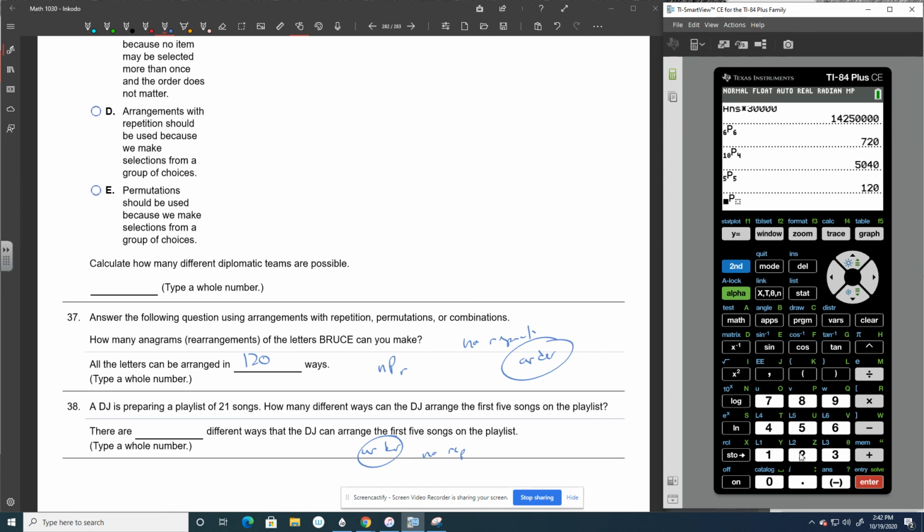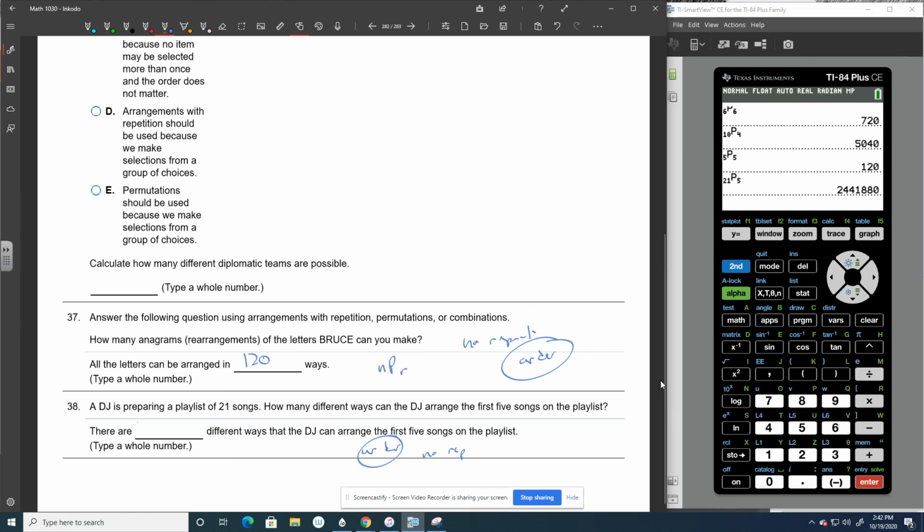I'm choosing from 21 songs, and I am choosing how many different ways the first 5 songs can be played. So that's 2,441,880. Wow, that's 2.5 million different ways that you can choose 5 songs if you're choosing from 21.